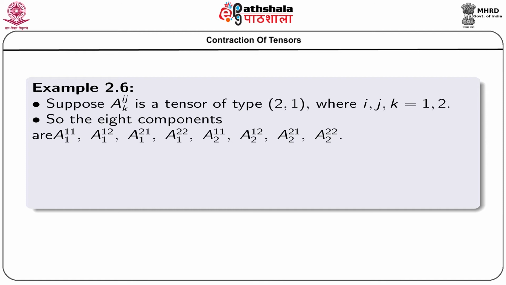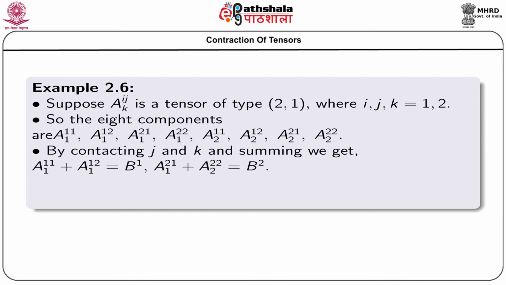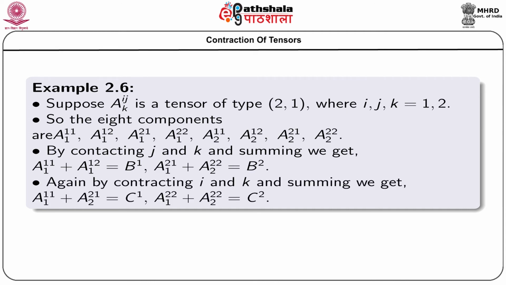Now, if I take the contraction by contracting j and k and summing, so we are taking j and k equal, we get 2 components: a111 plus a121, that we denote by b1, and a211 plus a221, that we denote by b2. And here we can make another contraction, that is i equal to k.